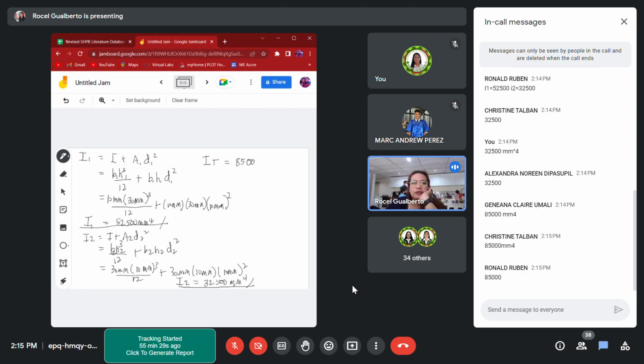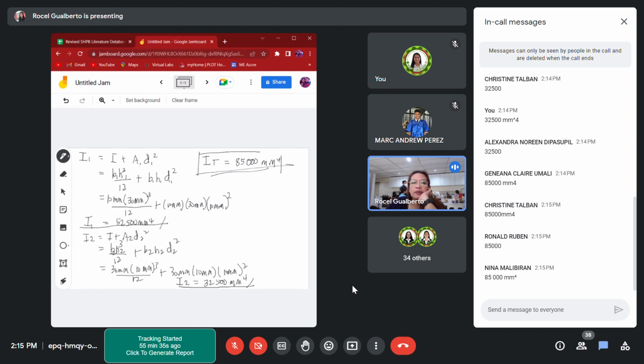Thank you. So, 85,000 mm to the fourth. So, this is the procedure we follow if you have an composite cross-section. Again, you start first with finding the neutral axis, then you determine the value of C, and then, last, you solve for the I total.